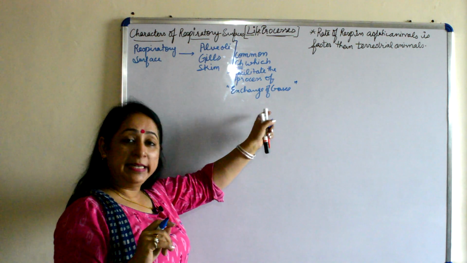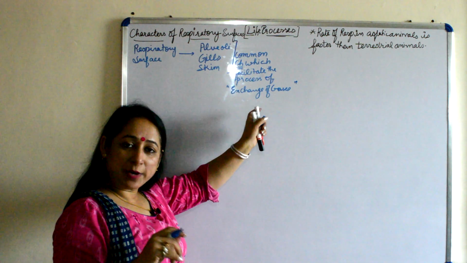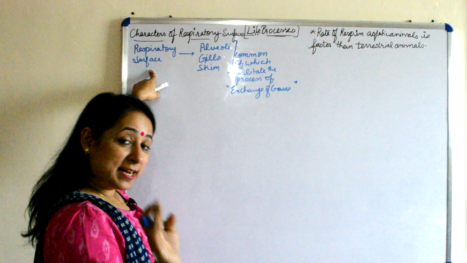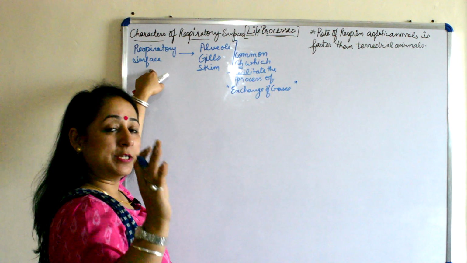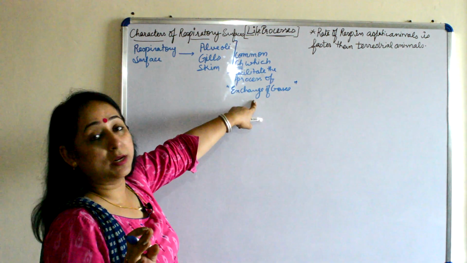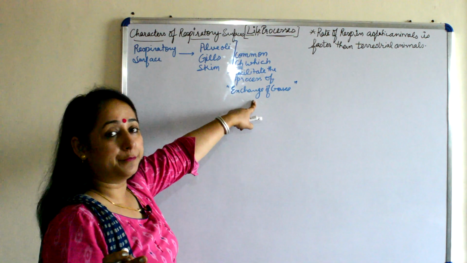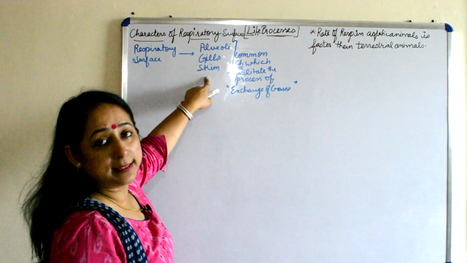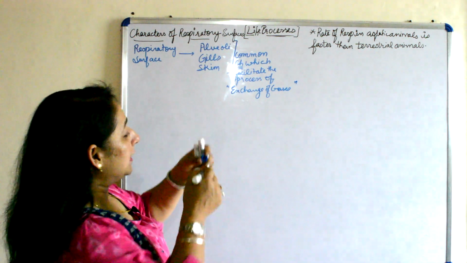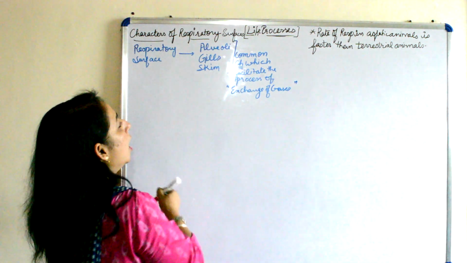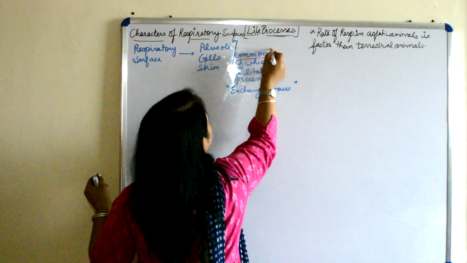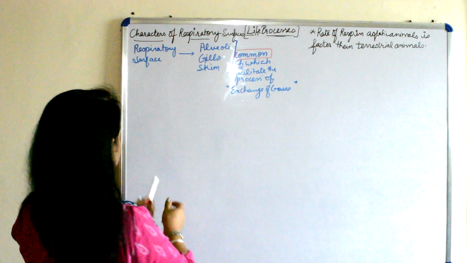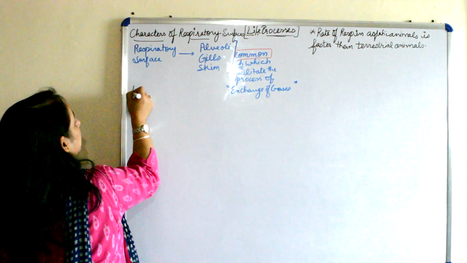We will talk in detail about exchange of gases in our further videos. Any surface which leads to exchange of gases is known as a respiratory surface. It is different in different organisms, like alveoli in mammals, gills in aquatic animals and skin in some of the organisms. So the respiratory surfaces have some common features for the process of exchange of gases to take place.